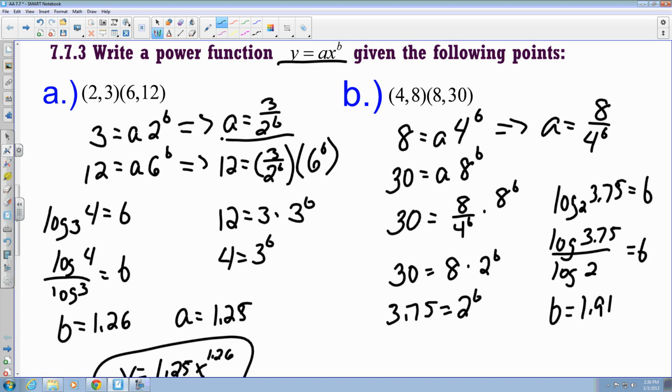I'll plug it back into this one, so instead of b, it would be 4 to the 1.91 power. So then I have 8 divided by 4 to the 1.91 power, and that gives me something roughly for a, something along the lines of about 0.57.